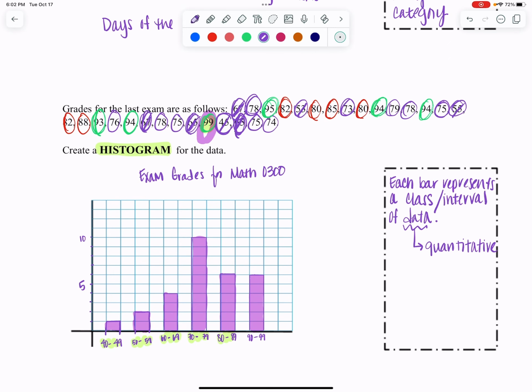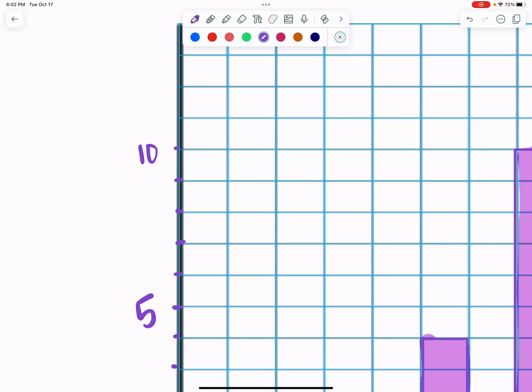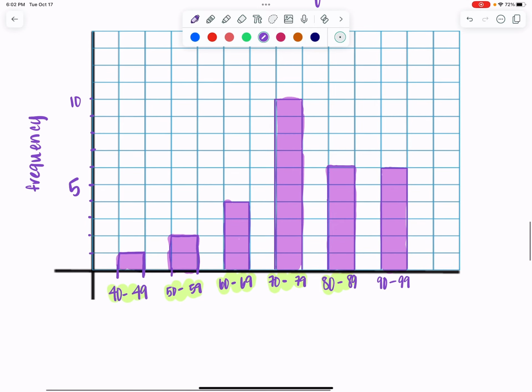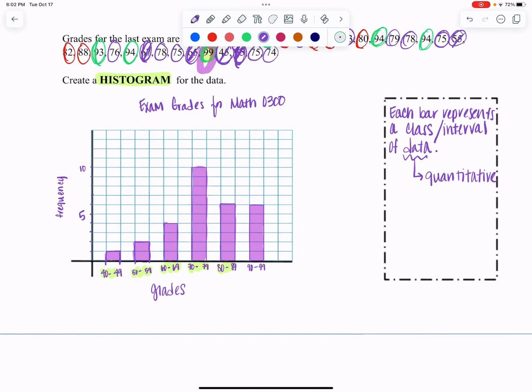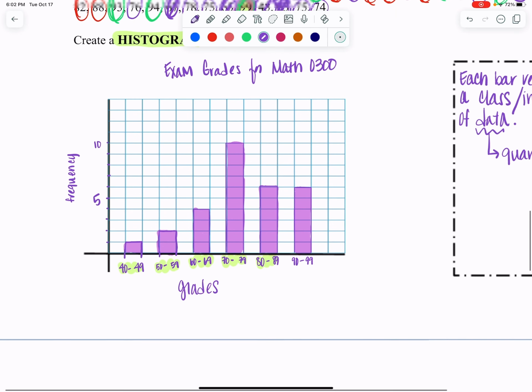On the y-axis or the dependent axis, this is the frequency. Then across the bottom are our grades or scores. We'll call it grades since I called it exam grades. If it helps, if you would like to label these X and Y, you are absolutely welcome to.